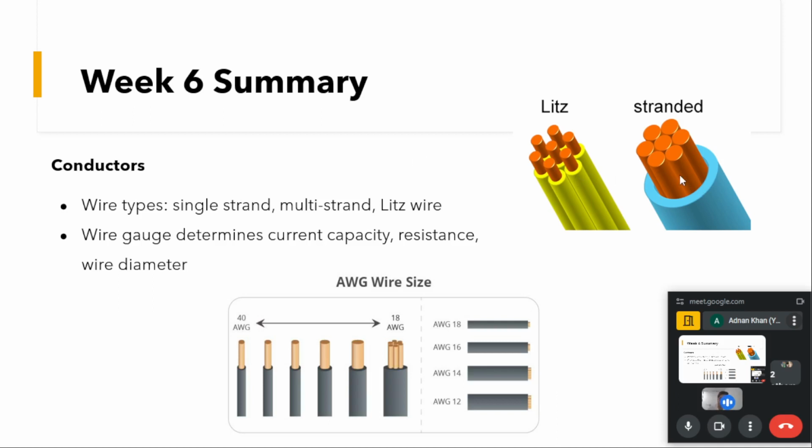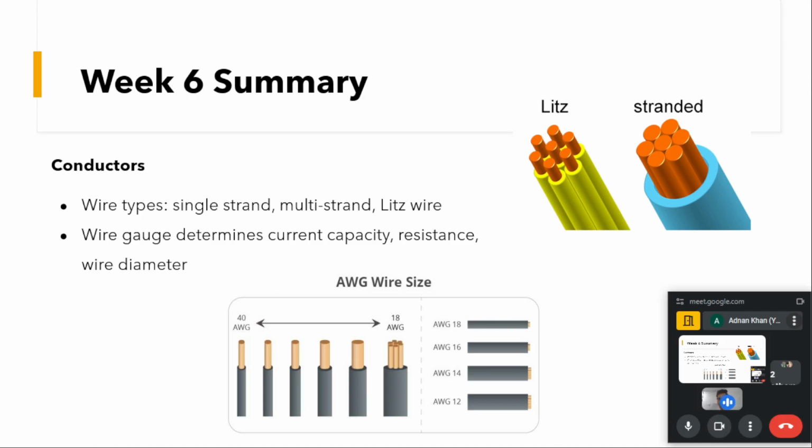This was about the wire types, and then we have different sizes, wire gauges. The wire gauge will determine the current carrying capability or capacity of the wire.